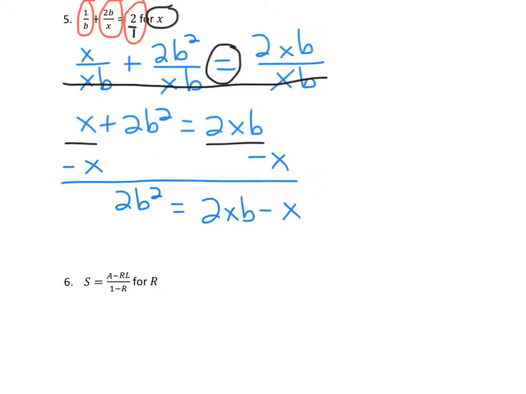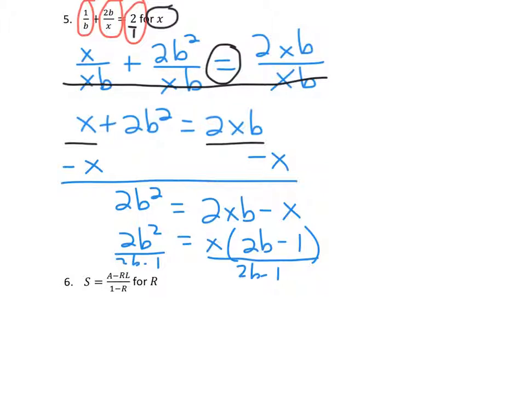Now we can factor out the x just like we've done in the other problems, which gives us 2b minus 1. Still have a 2b squared over here. And then we divide by the expression in the parentheses, 2b minus 1, on both sides. Our final answer would be x equals 2b squared over 2b minus 1.